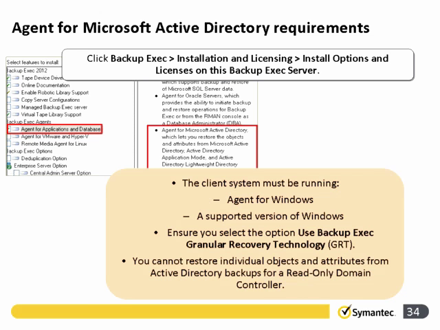You must be sure that on the backup side you have the option marked to use granular recovery technology. That option is marked by default. And I cannot restore individual objects if I am backing up a read-only domain controller. Read-only domain controller means that we can back up the data, but we can't restore it. You can't write to read-only domain controllers.